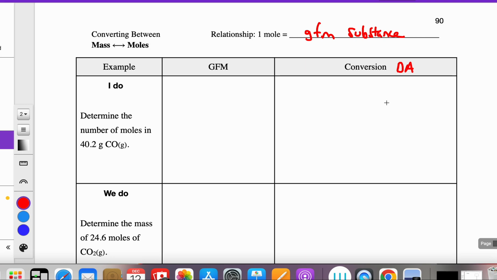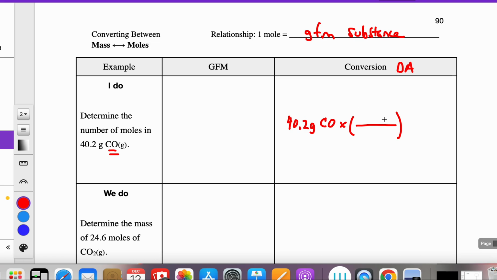So let's take a look at this I do. Determine the number of moles in 40.2 grams of carbon monoxide. Well, in order to convert grams to moles, I have 40.2 grams of carbon monoxide. I'm in grams.